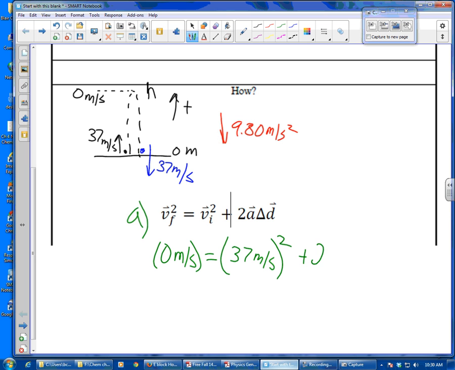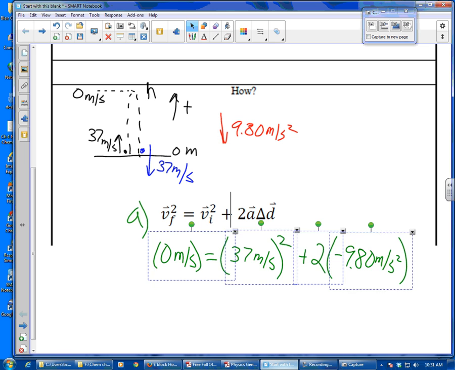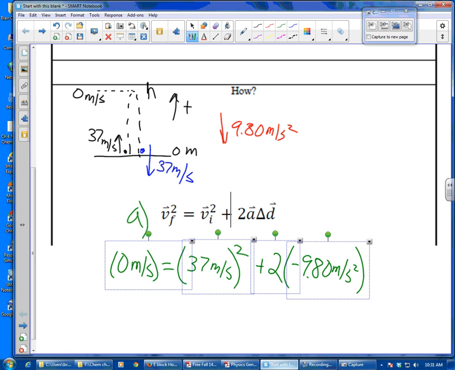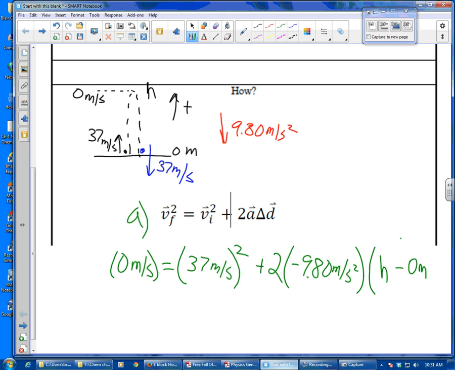Plus 2, and then my acceleration I know is downwards, so that's negative 9.80 meters per second squared. And my delta D, let me move this over so I can. My delta D, remember that's change in displacement, change in where I am. So I end up at H, and I started at a height of 0. Oh, cool, I only have one variable, right?